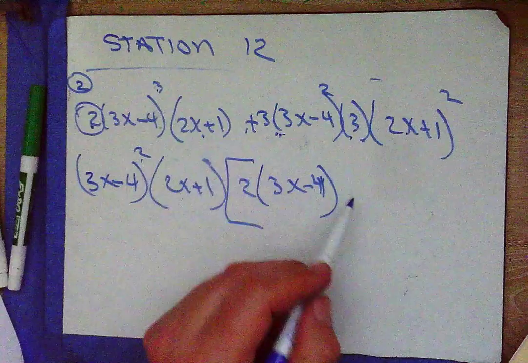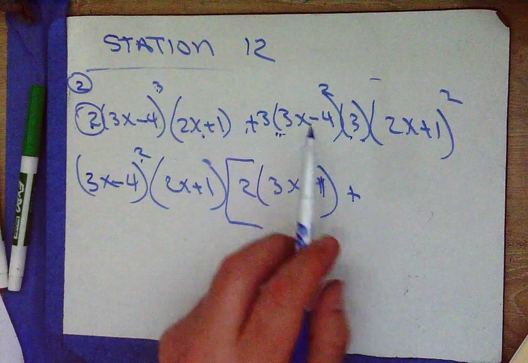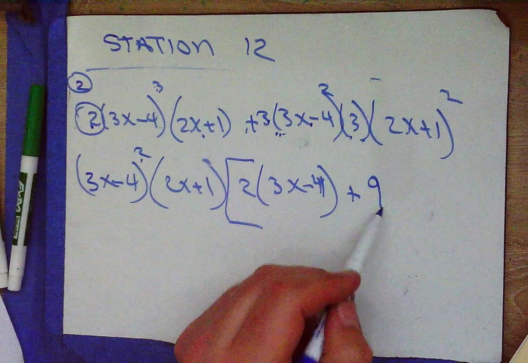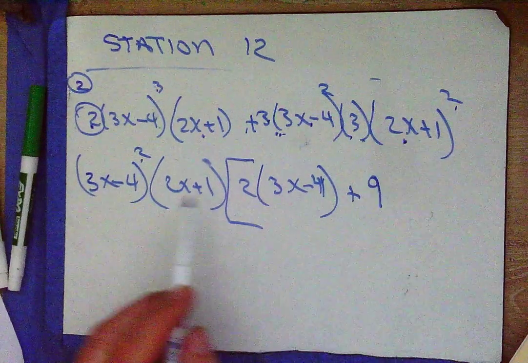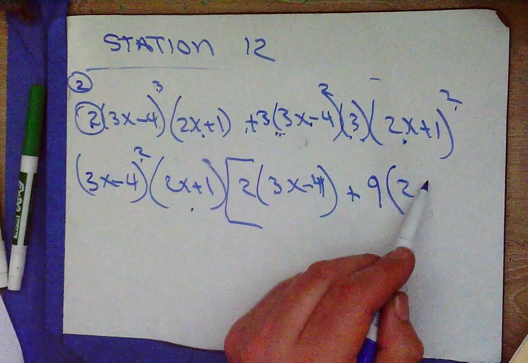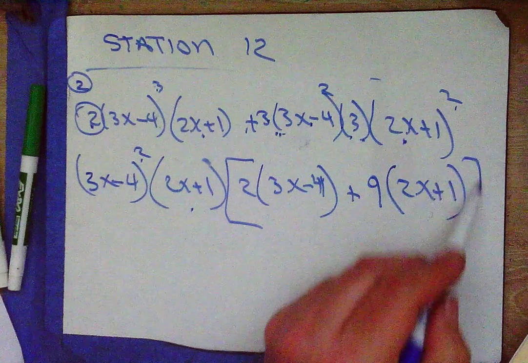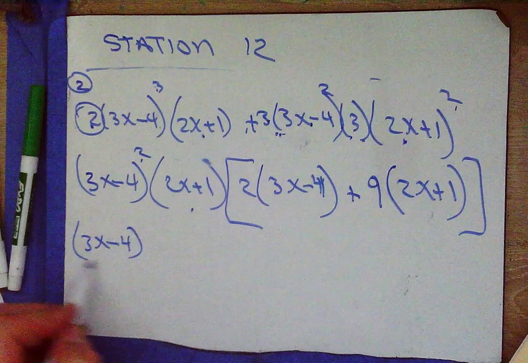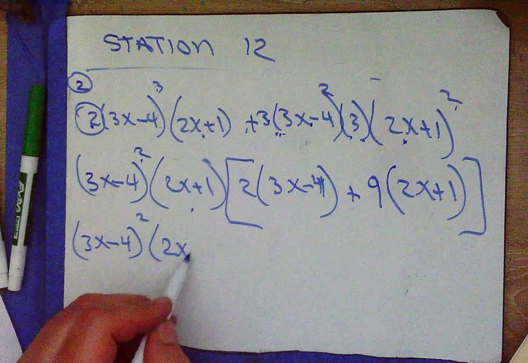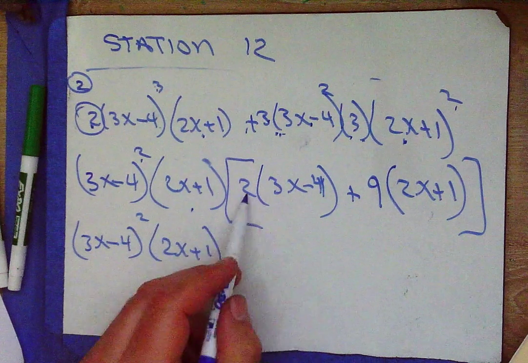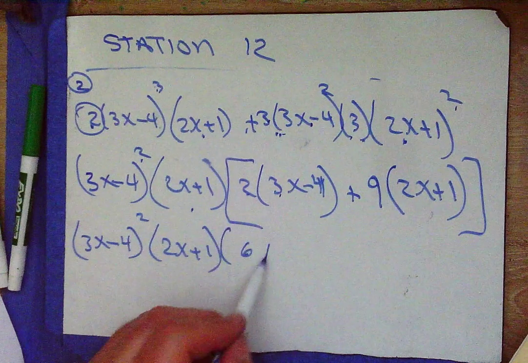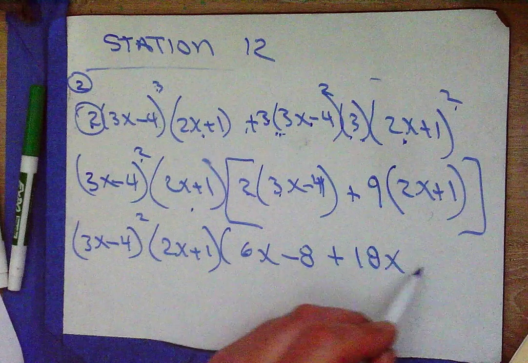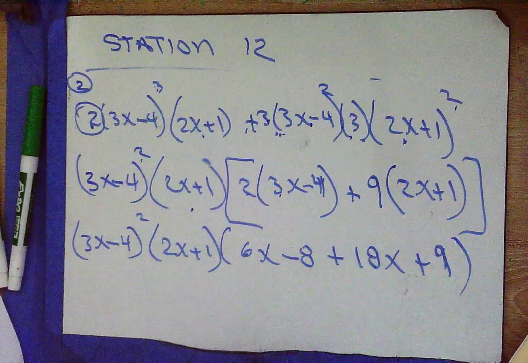Now my plus sign, and I took out both of these, so I still have 3 times 3 or 9, and I've got 2 of these, but I only took 1 of them out, so I've got 2x plus 1 here. Okay, so I've got 3x minus 4 squared, I've got 2x plus 1, and now 6x minus 8 plus 18x plus 9.